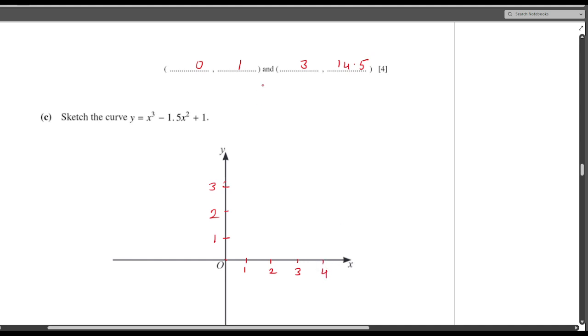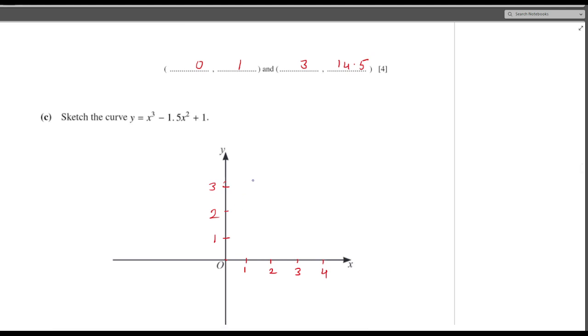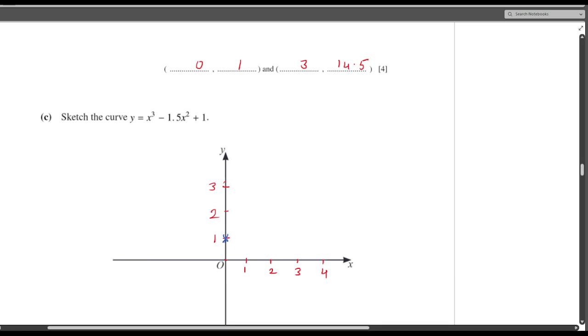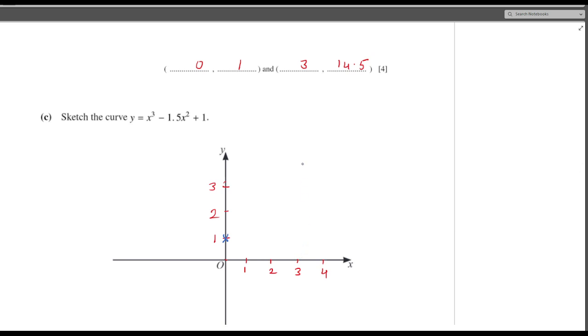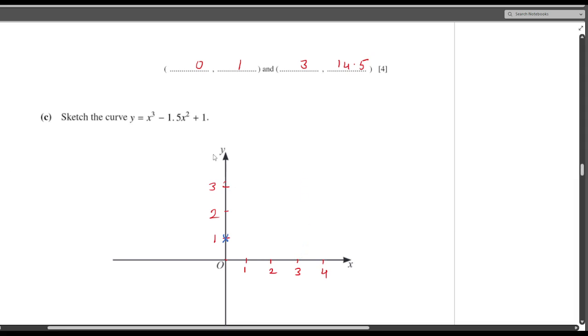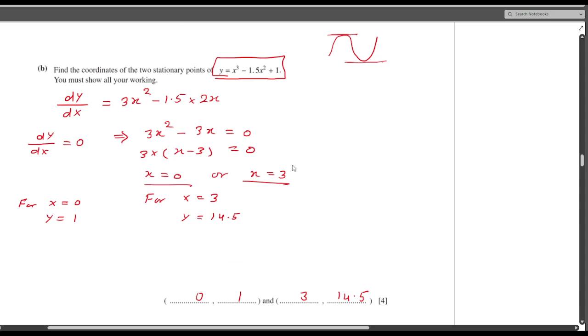So (0, 1) is a point on the curve, x is 0, y is 1. So I have one point here. Next, 3 comma 14.5. 14.5 will be a point.